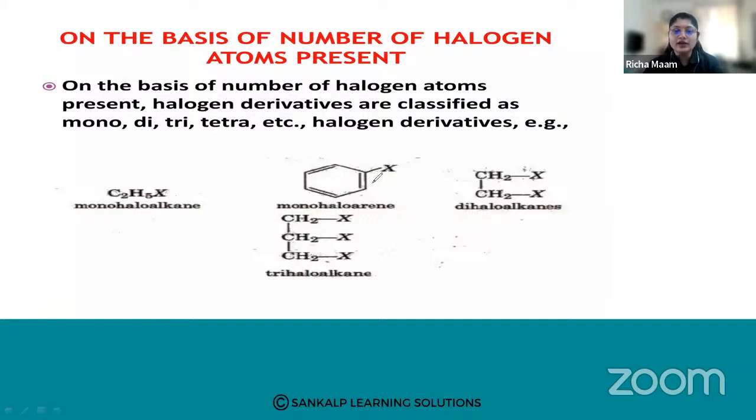Now this particular example has one halogen atom and it is an arene, so it is a monohaloarene. It is an arene system.